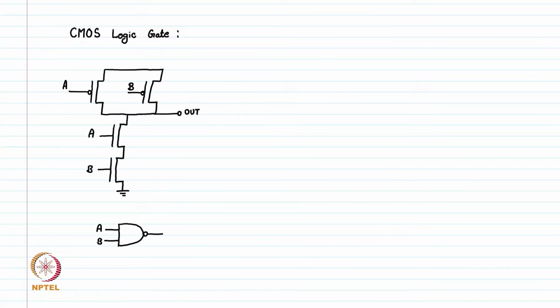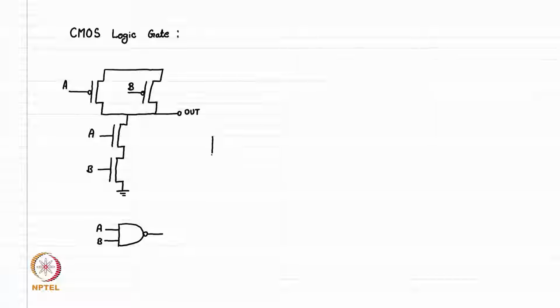Now, if we implement the same logic function using some diodes and transistors, let us see how it looks like. So, let us first draw the truth table for this NAND gate, so we understand well.